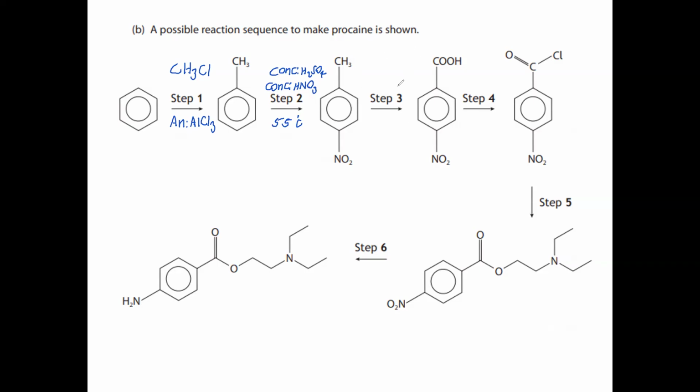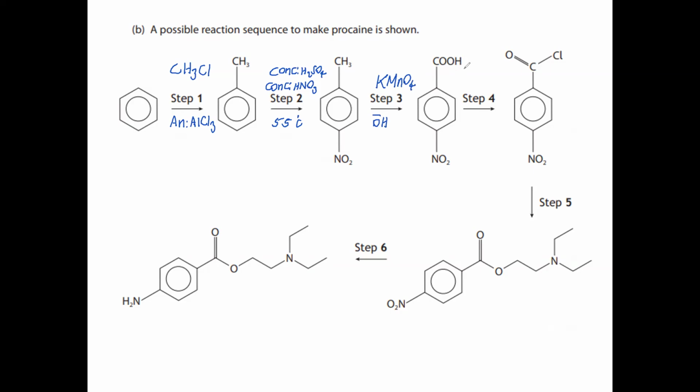To do that, we usually use an oxidizing agent, KMnO4. We usually do it in a basic medium, then acidify it again to get the COOH group. Acidic KMnO4 can also perform the reaction.